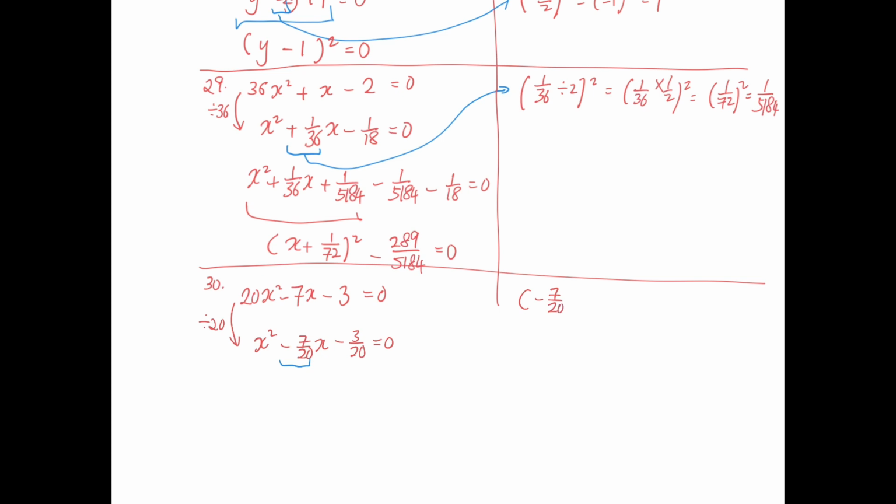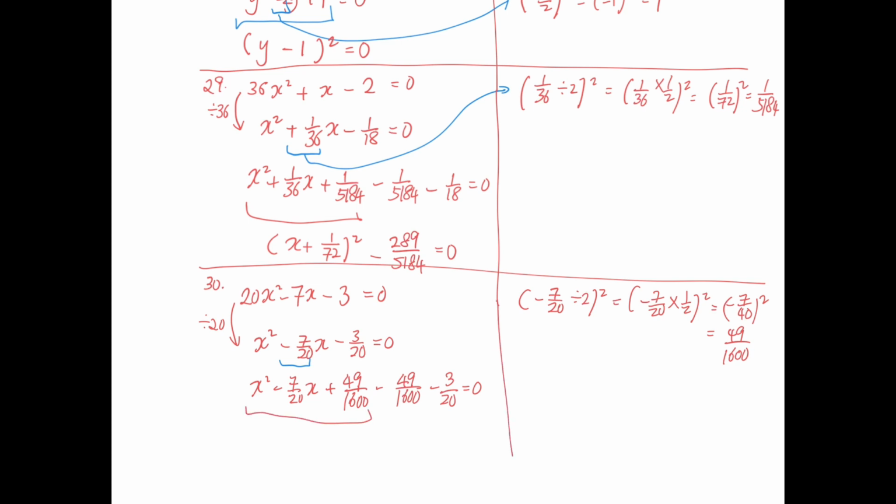Minus 7 over 20 times half is minus 7 over 40. Then you square it, 49 over 1600. So we just add that at the third position. Then we minus 49 over 1600 minus 3 over 20 equal to 0.